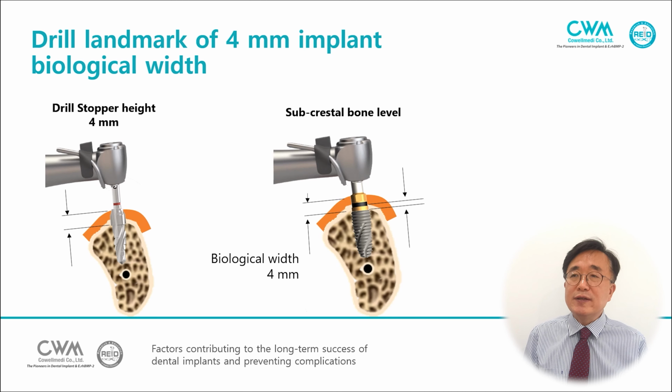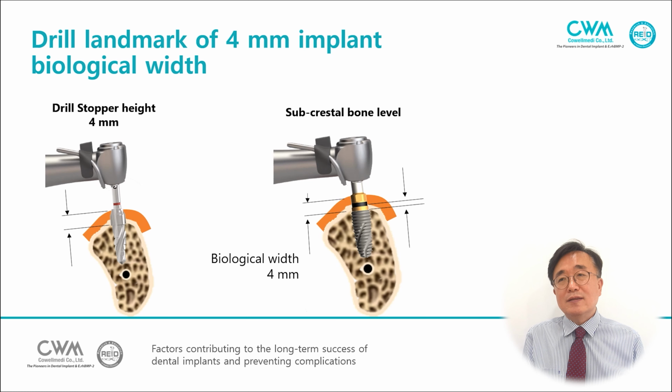The implant will have a stop. The stop height is about 4 millimeter, and the pilot drill also has a depth line, and the short and long pilot drills have different depth index lines, so you can check and identify the depth. So you can get biological width of 4 millimeter.